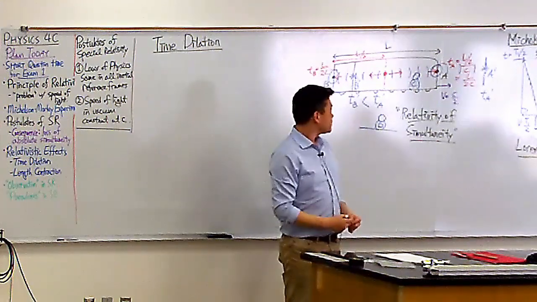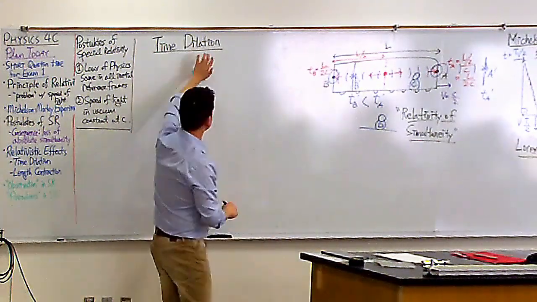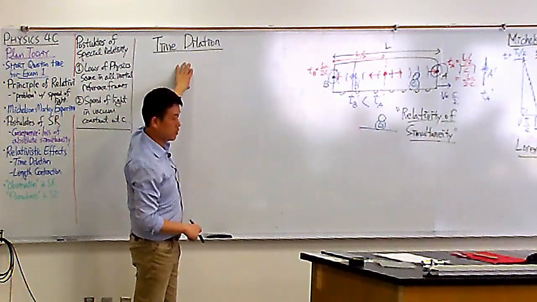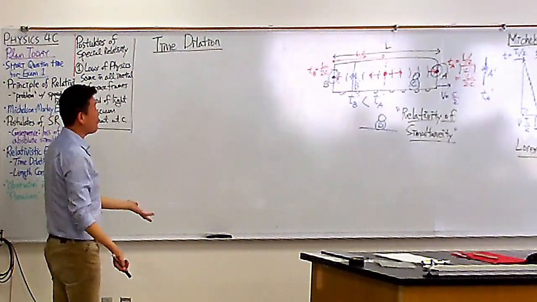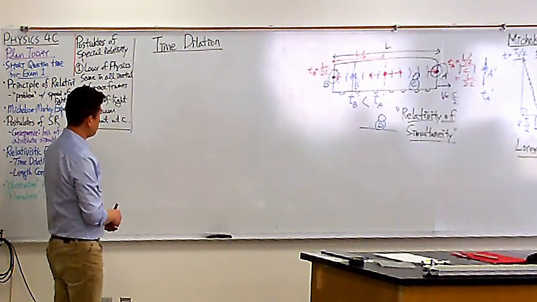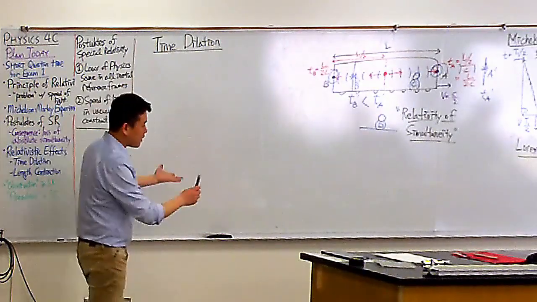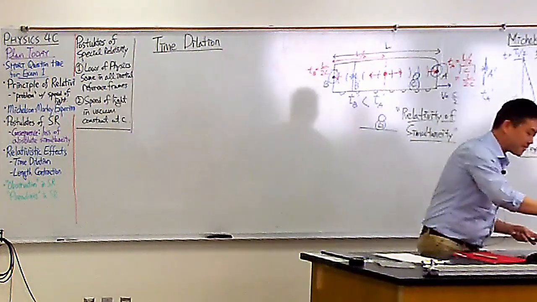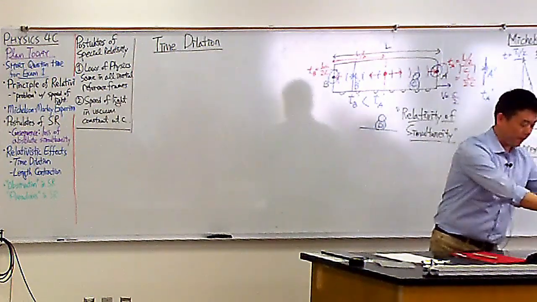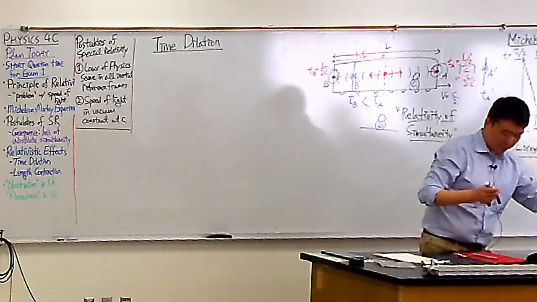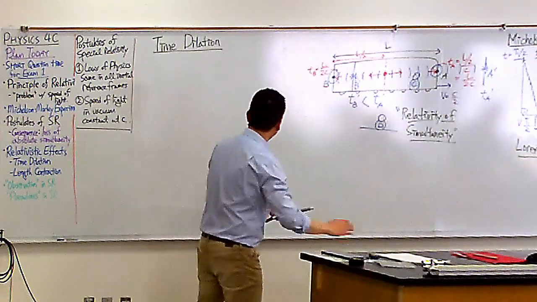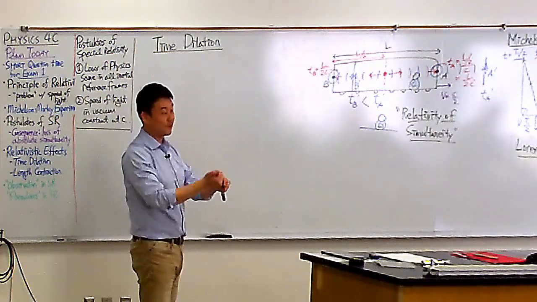Welcome back. So time dilation is the first consequence of this postulate of special relativity that I want to explore. So this is the thought experiment. Imagine you built a clock that operates this way. You have a clock that operates by bouncing light back and forth between two mirrors.